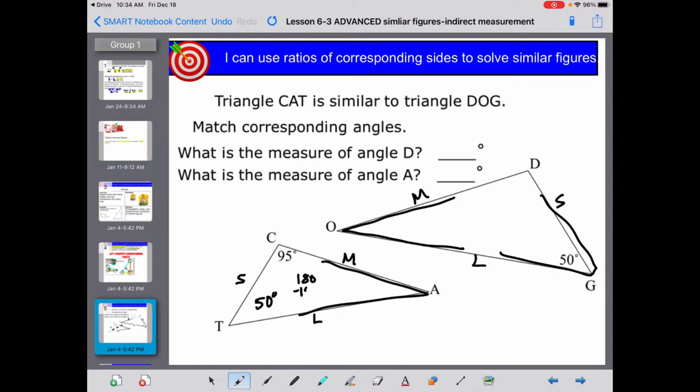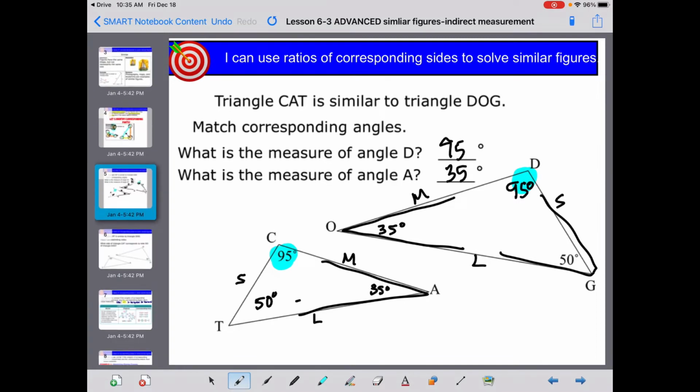So 180 minus the 145 already here gives me 35 degrees. So that means angle O is also 35 degrees. And lastly, angle D. Well, angle D must match angle C. It's the wider angle. And so 95. Okay, so angle D is 95, angle A is 35.